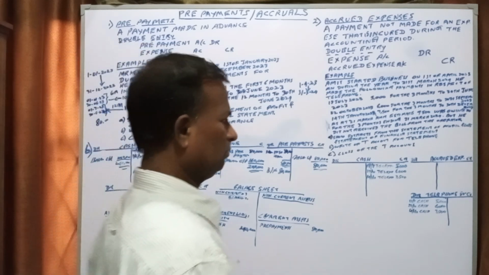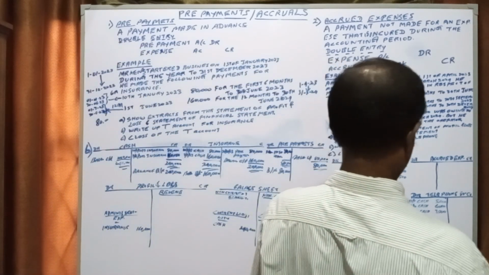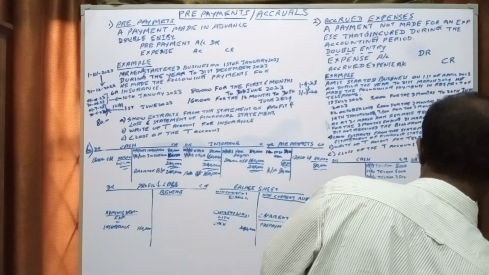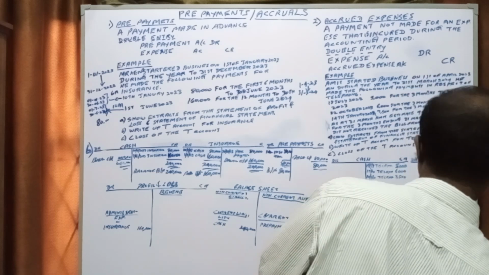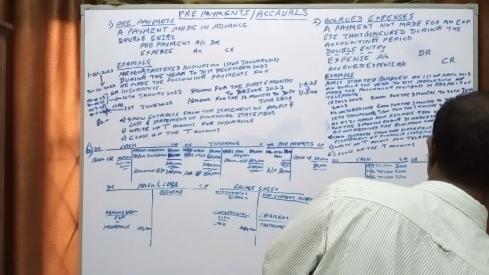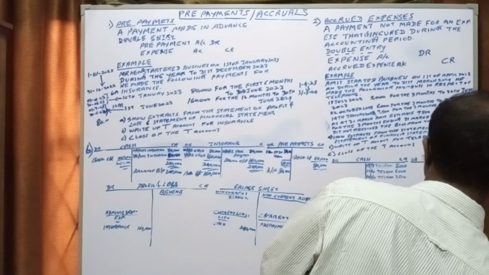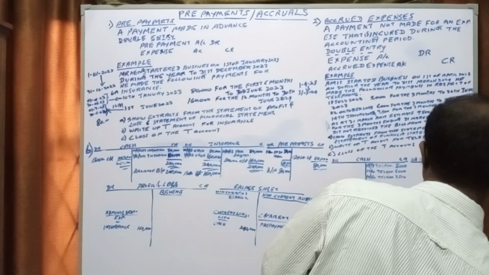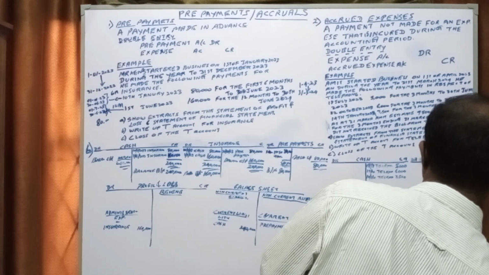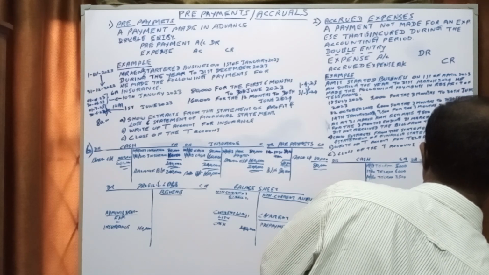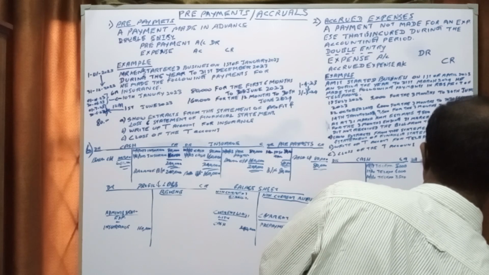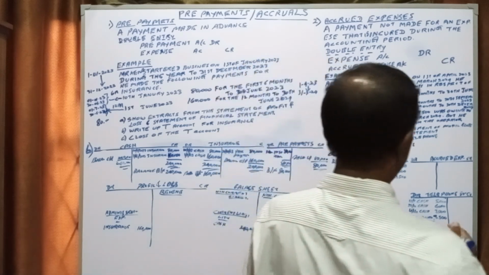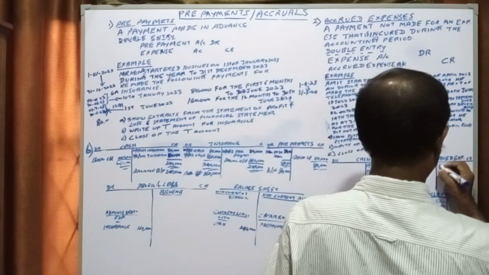Telephone expenses 9,500 on 31st March 2024, accrued expenses. In the accrued expenses, we are crediting.